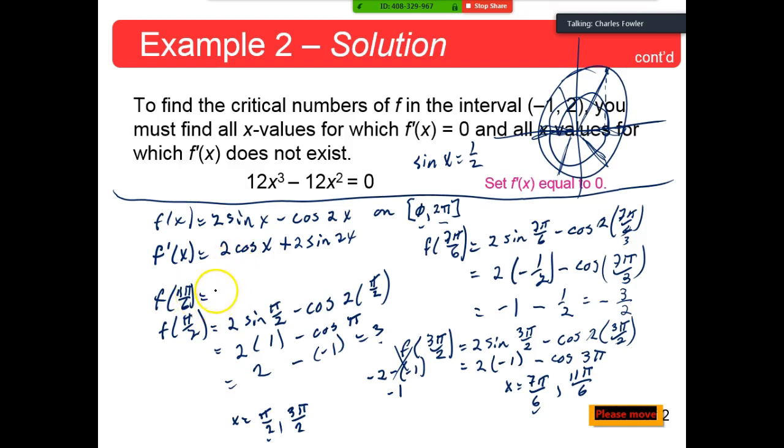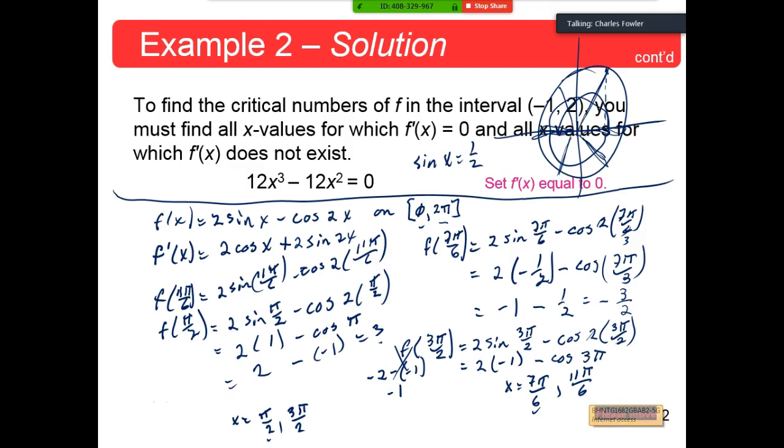That's equal to 2 times the sine of 11 pi over 6 minus cosine of 2 times 11 pi over 6. Okay. I'm going to need more room than this.